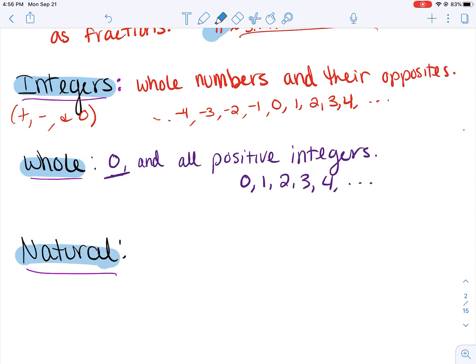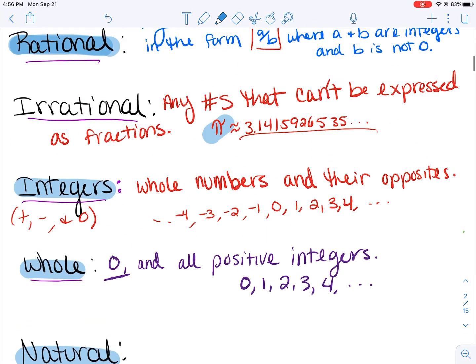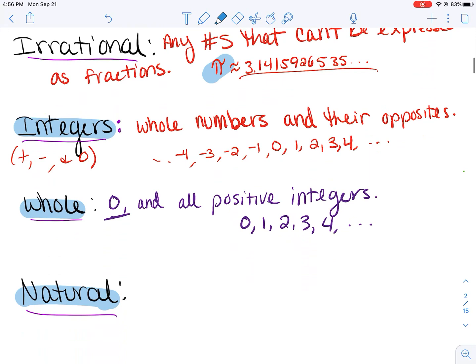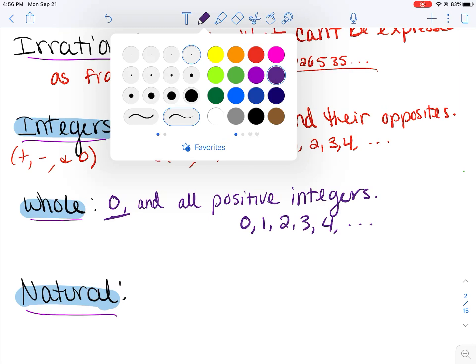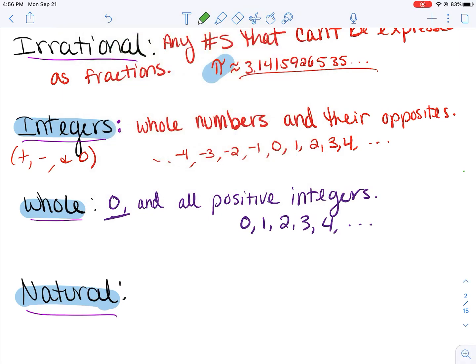Okay. And then natural numbers are an even smaller set, and they're chunked underneath whole numbers, but they are also considered rational numbers, right? Natural numbers are whole numbers are integers, so natural numbers are integers, right? That sort of thought process that you'll expand on in geometry a little bit, that's really helpful here to think about what sets belong to which other sets.